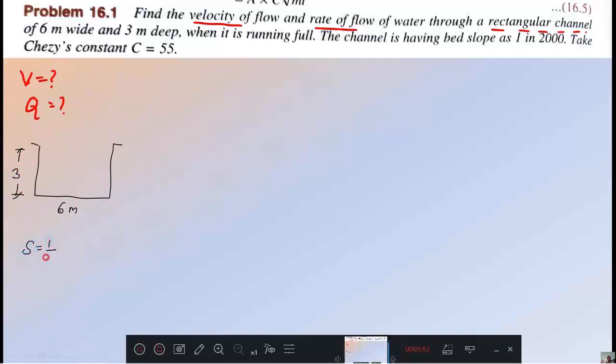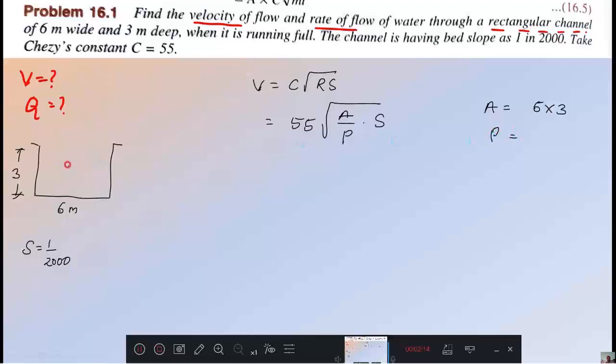Now velocity V is equal to C root RS, where C is given as 55, Chezy's constant, and R is A by P. Area is 6 into 3 meter, rectangular area. Wetted perimeter is 3 plus 6 plus 3, that is 6 plus 2 into 3, that is 12. Perimeter is 12.